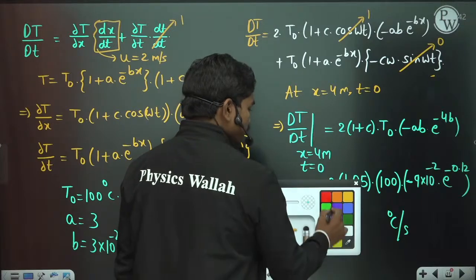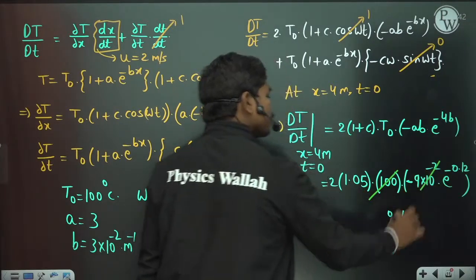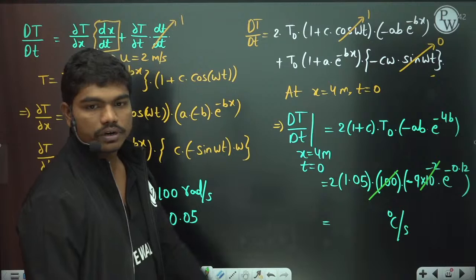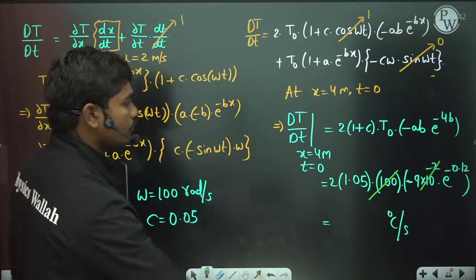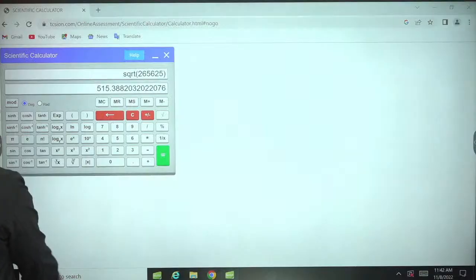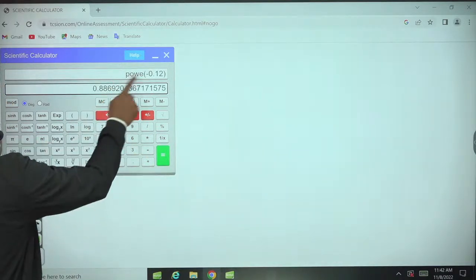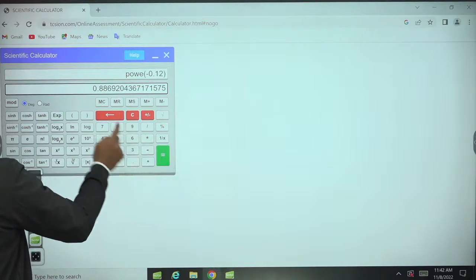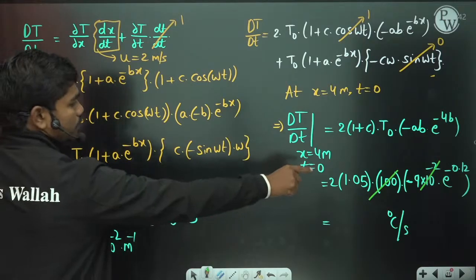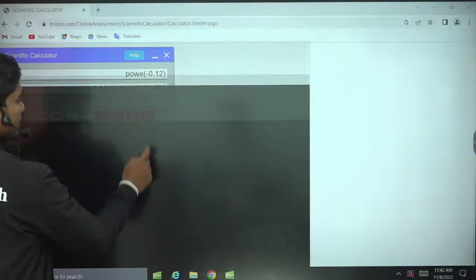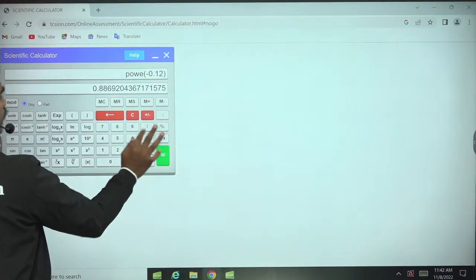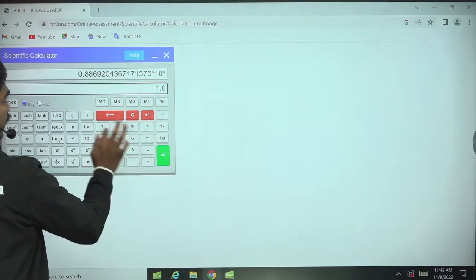We'll cancel these two zeros and this 10 power minus 2 here. So you will get e to the power minus 0.12, and the exponential of minus 0.12 is 0.886 multiplied with 18 into 1.05.